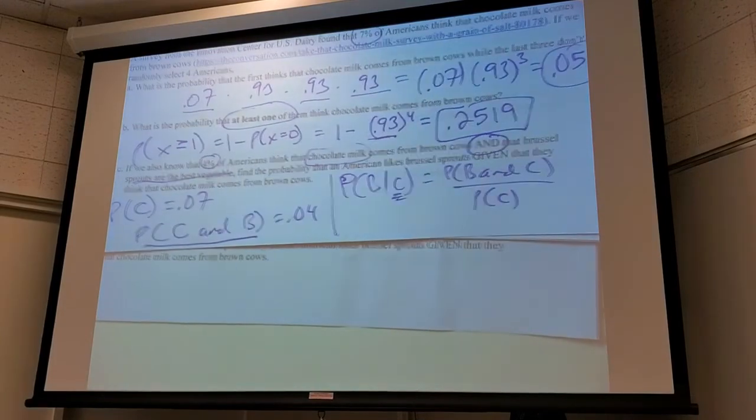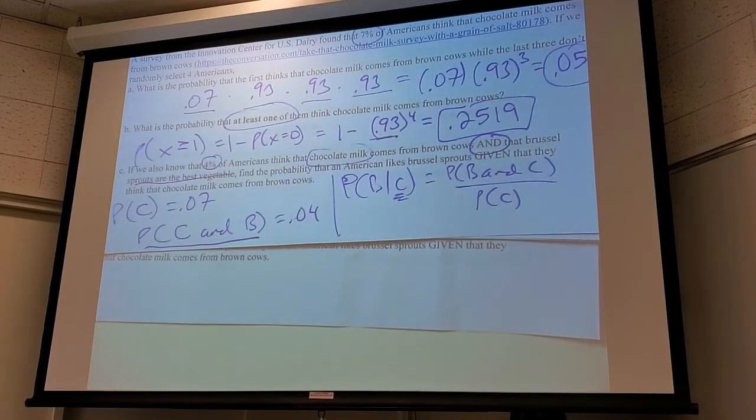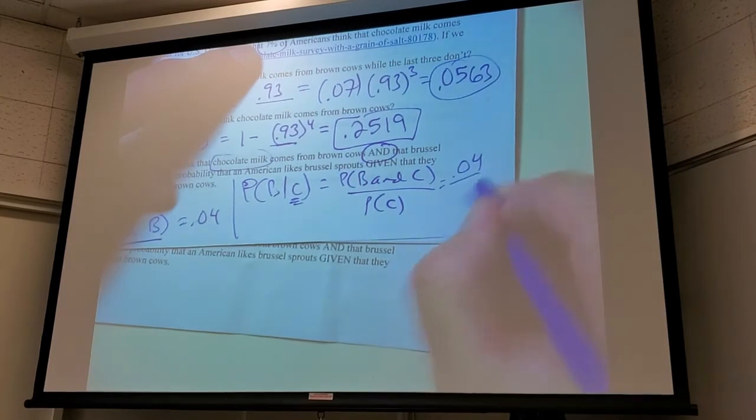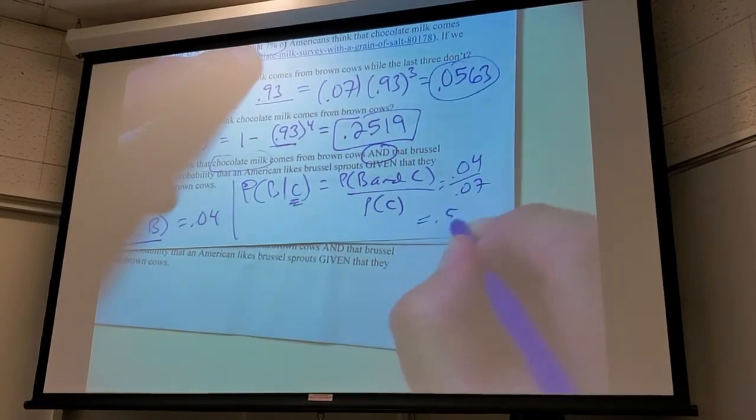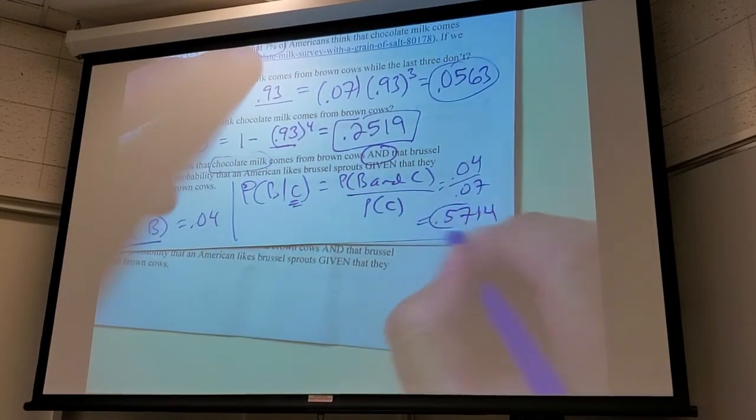Do I know those things? Yeah, B and C is 0.04, divided by 0.07, which is 0.5714 again. If I'm thinking right. Yeah, that's right. 0.04 divided by 0.07, 0.5714.